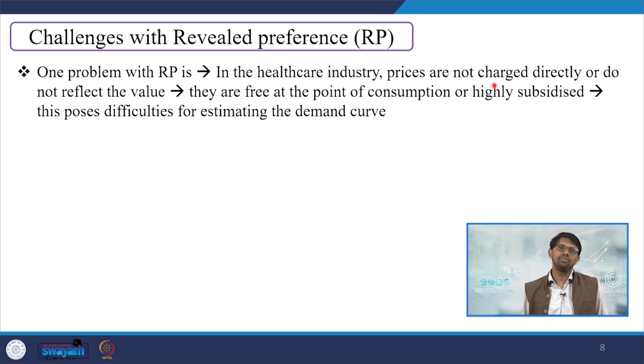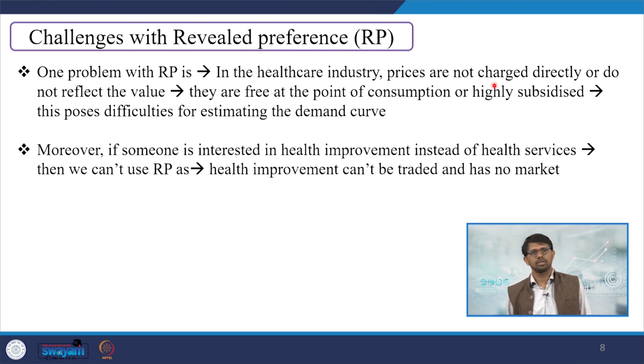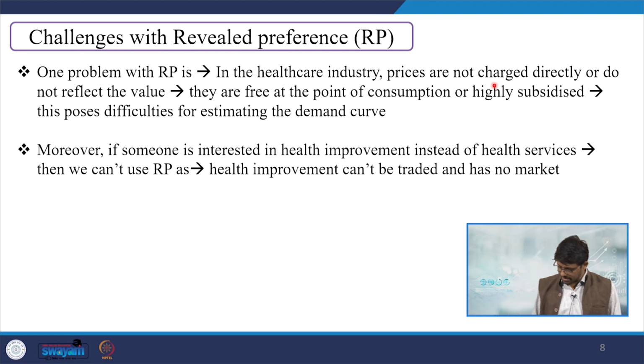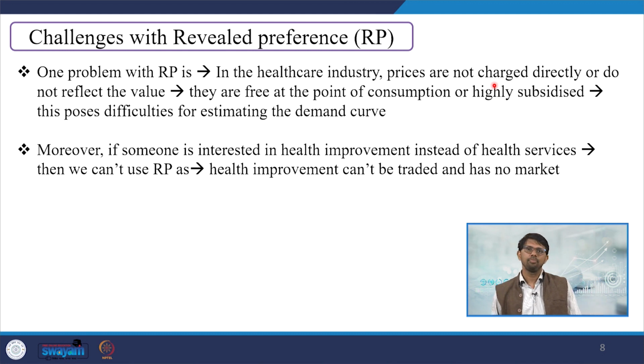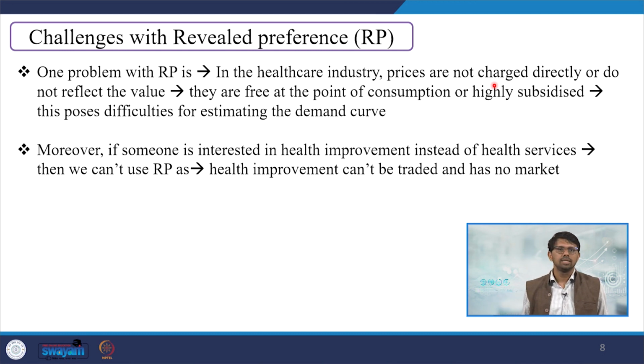This poses difficulties for estimating the demand curve, because there are different schemes available, and it is one of the important aspects of public policies. However, if someone is interested in health improvement instead of health services, then we cannot use RP, as health improvement cannot be traded and hence there is no market.